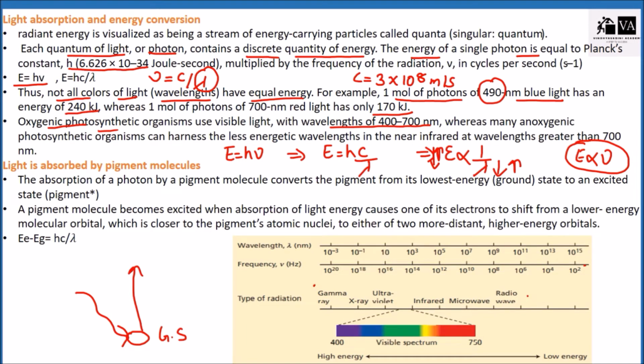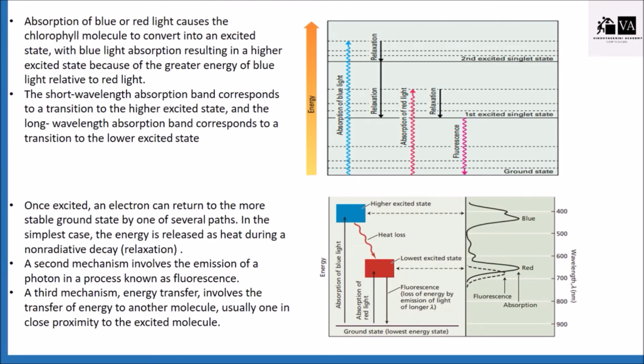It will move from its lower energy to its excited state. So if a pigment molecule absorbs short wavelength, it will move to a higher excited state. On the other hand, if it absorbs longer wavelength, it will move to a lower excited state.